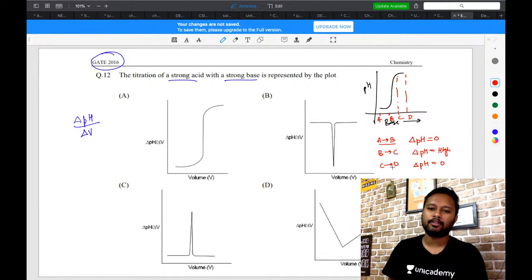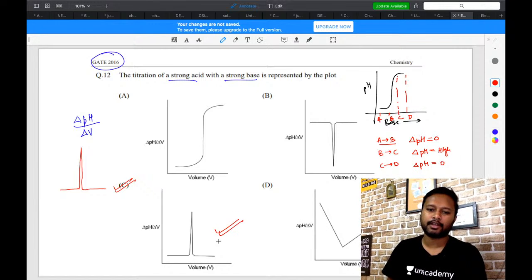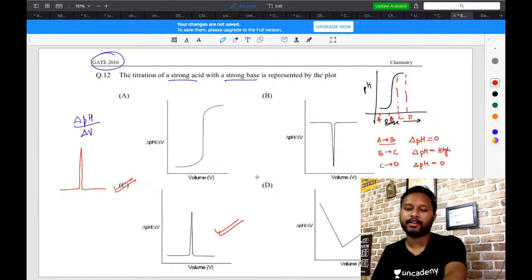Dividing by delta V is not going to make any difference. So initially it should be low, then very high, then again 0. The curve should be like this, which is mentioned in option number C. So this is the correct option for this titration. It was a very good question asked in the GATE exam.